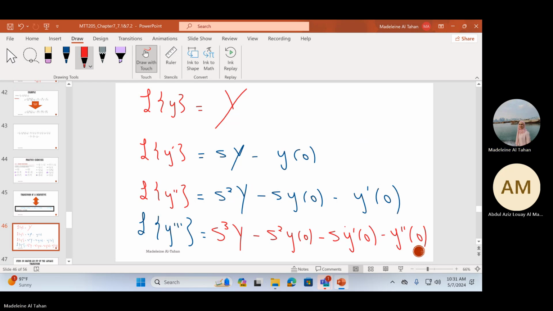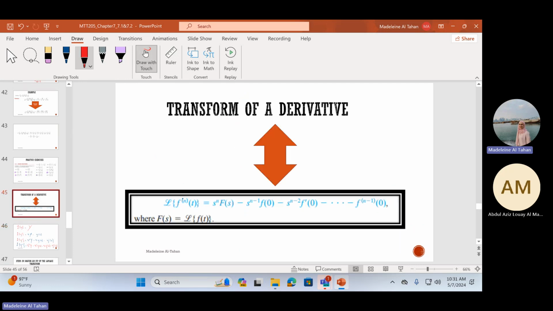Okay, miss? So we start decreasing the s. What we are doing exactly is applying this formula: if we have a derivative, start decreasing the s and increasing the order of the derivative of y.